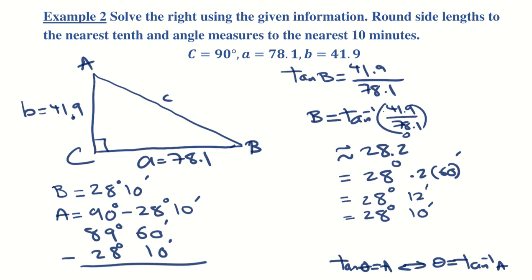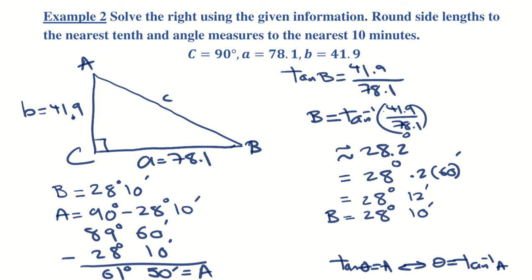So that gives me 50 minutes here, and that's going to give me 61 degrees. All right, so there is angle A. So here we have B, we have A, we know C is 90, so nothing to do there. There's only one thing left to do, to find the measure of the side labeled lowercase c.